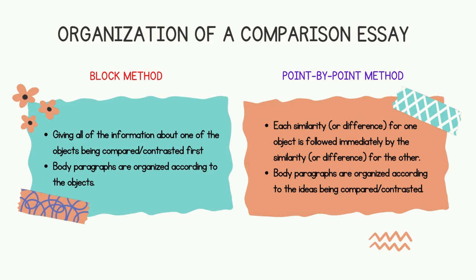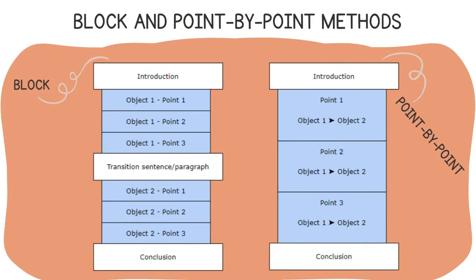Here, the writer discusses one point of comparison at a time of both subjects. These two techniques are the most common to use. And here are the two types of techniques, block and point by point, presented in the diagram to help you understand the idea better.